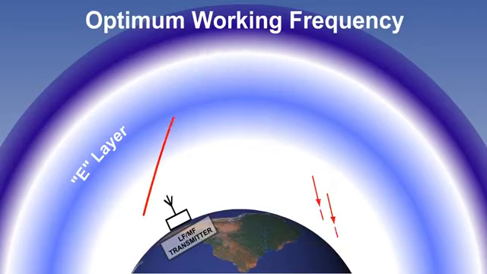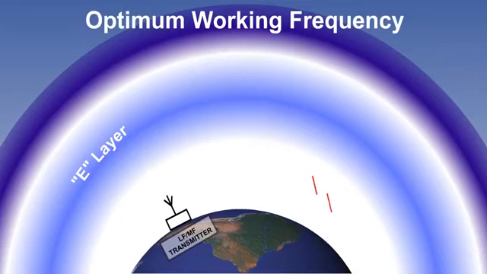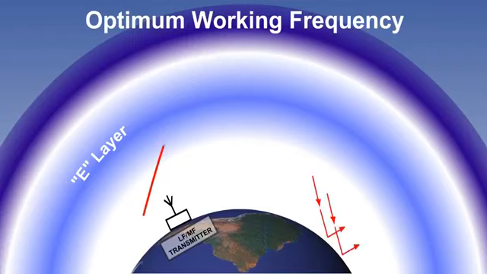This avoids the possibility of the frequency occasionally being too high and the skip distance being too great. This optimum working frequency is 0.85 times the MUF.